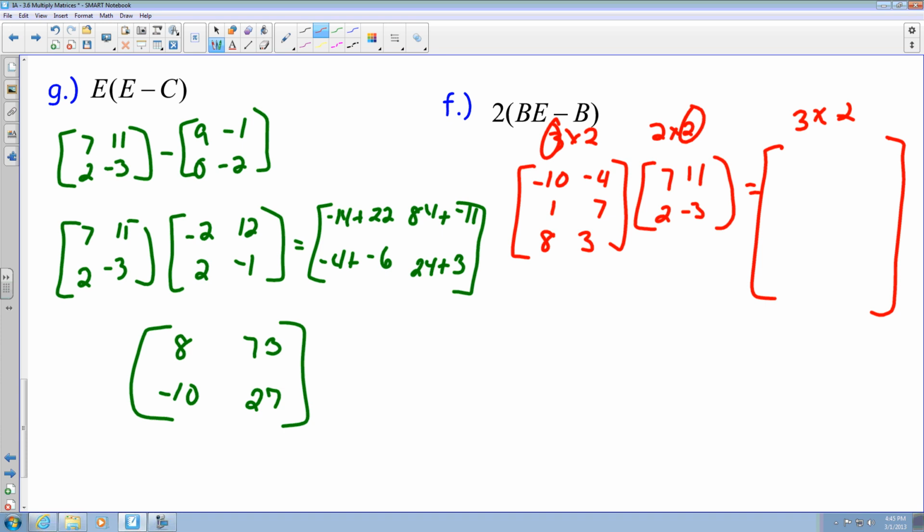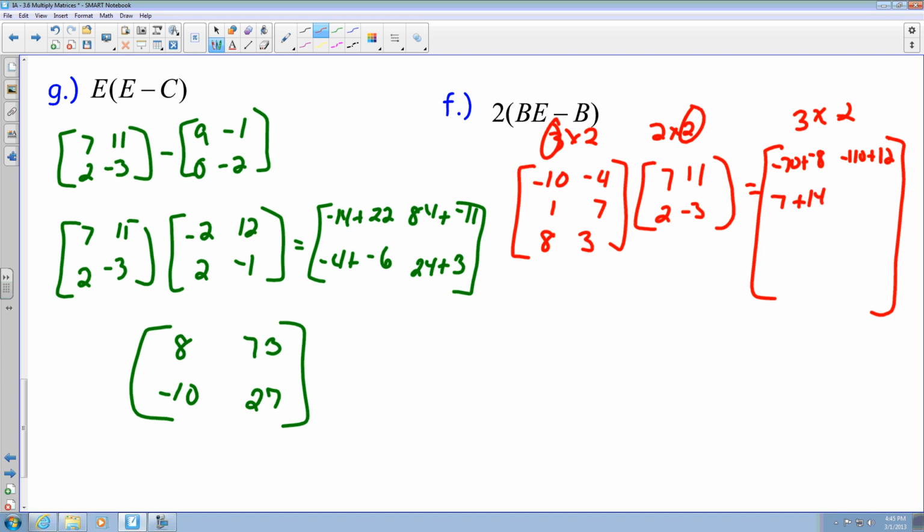Here I have row 1, column 1. So that's going to be negative 70 plus negative 8. Row 1, column 2, which makes it negative 110 plus 12. Now I'm into row 2, column 1, so that makes it 7 plus 14.